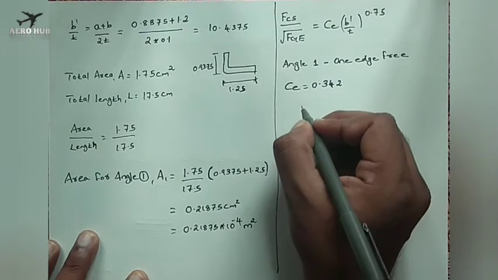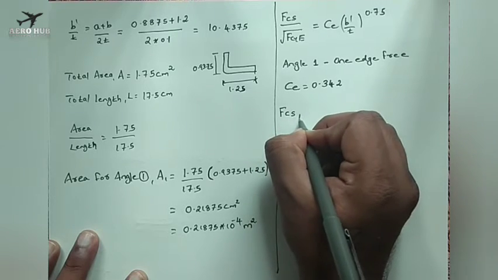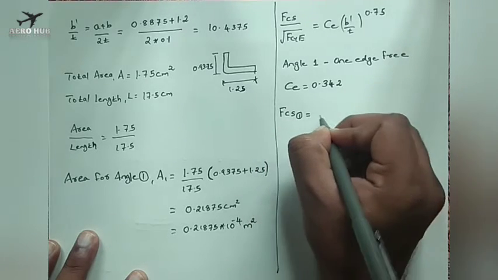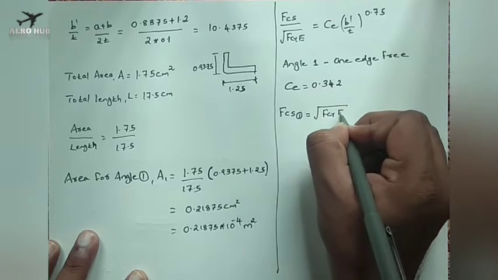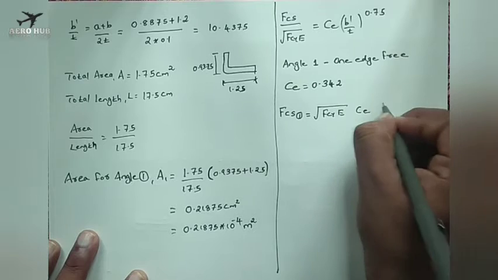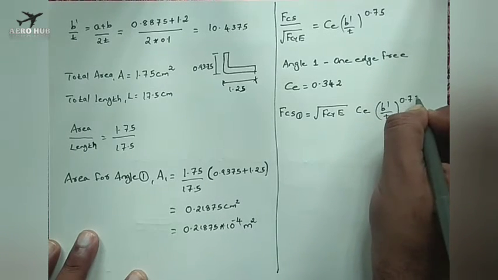So I am substituting the values to find out the FCS of angle 1. FCS 1 is equal to root of FCY into E into the value of CE B dash by T, power 0.75.